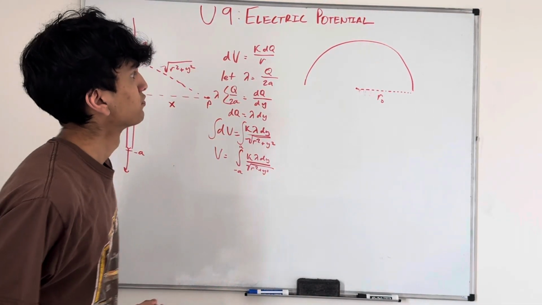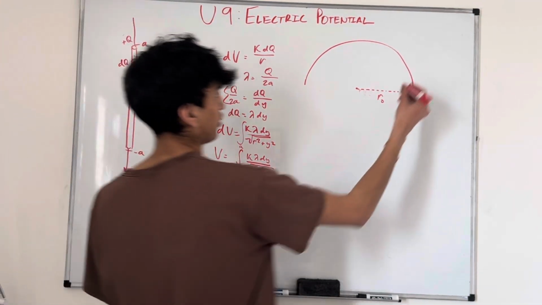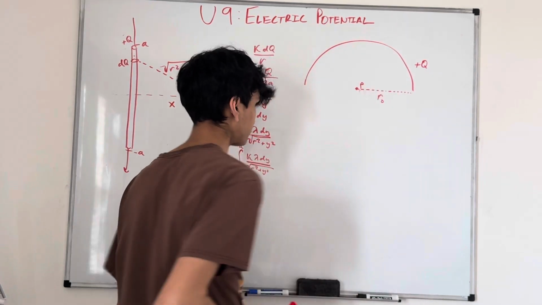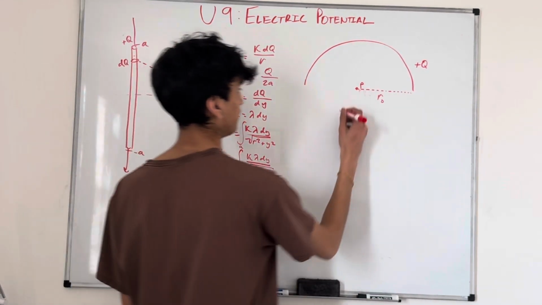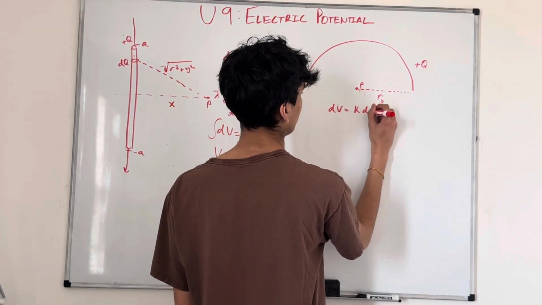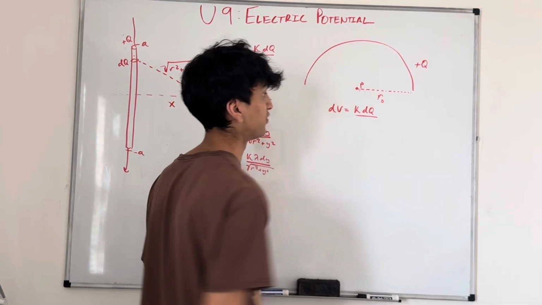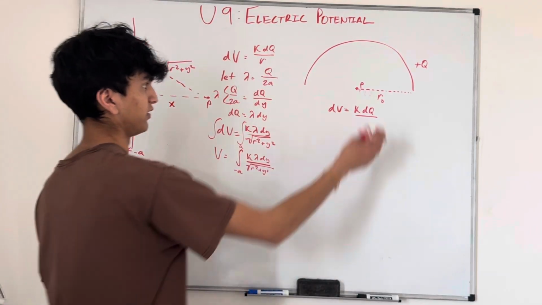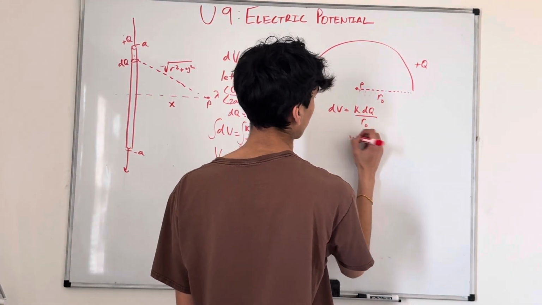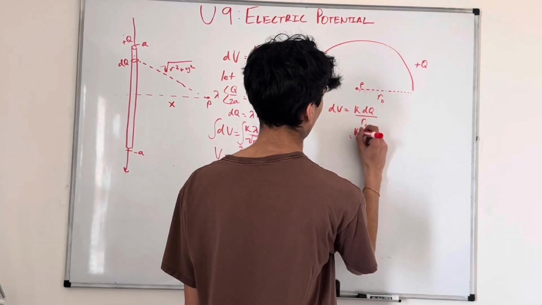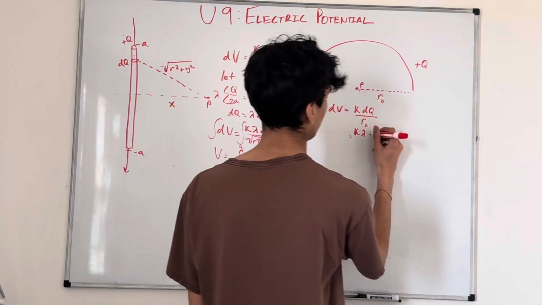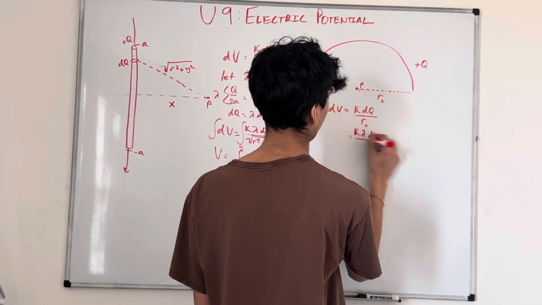Let's say it has a positive charge q, and we want to find the potential at this point P. It's the same idea: dV equals k dq over r. This time it's kind of nice because it's always r initial, no matter what your dq is, because it's a semicircle. And your dq is just lambda times the length element.